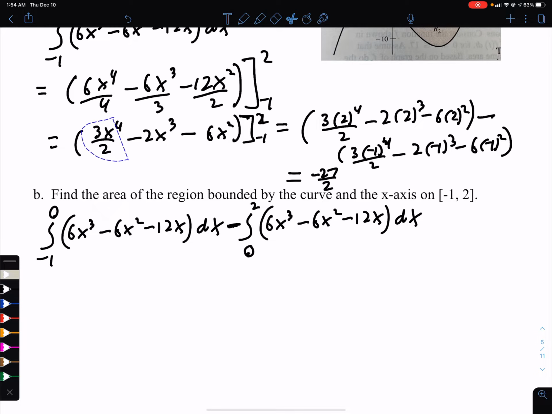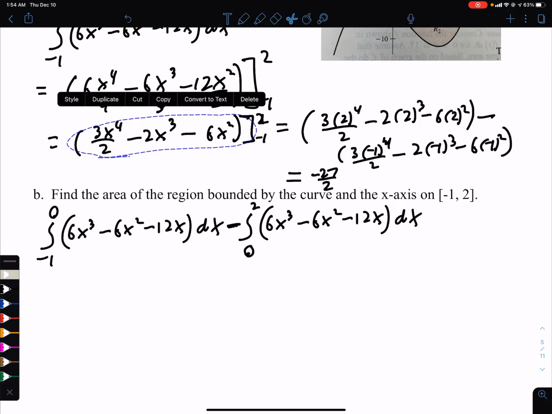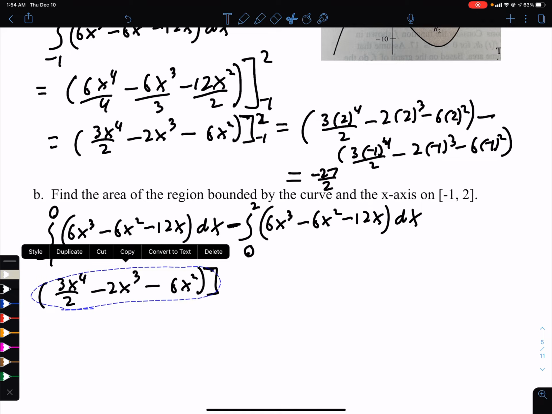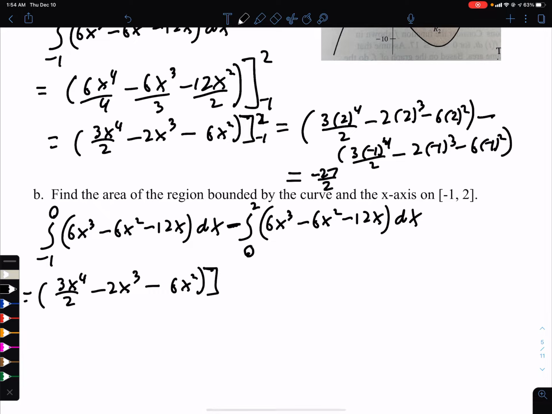And some of the details of how this is going to work, I'm not going to do everything. I'll explain what I mean by that. So this equals, and I'm going from -1 to 0, minus, and then we're going to copy and paste this again.